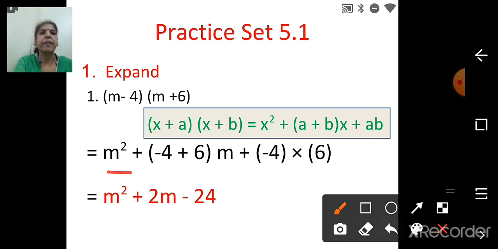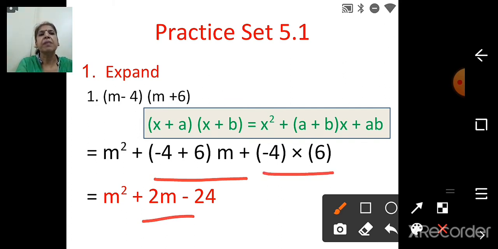After writing this in the formula, substitute correctly. Now solve them. Square of m is m square, right? Now solve this bracket part: negative 4 plus 6. So the answer is plus 2, right? For different sign terms, what do we do? We subtract and take the sign of the greater term. So minus 4 plus 6 is 2, right? 2 multiplied with m, 2m.